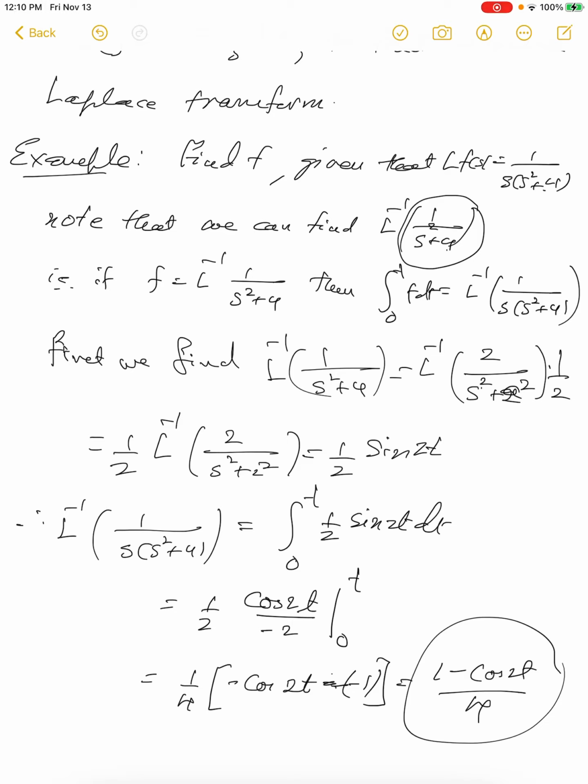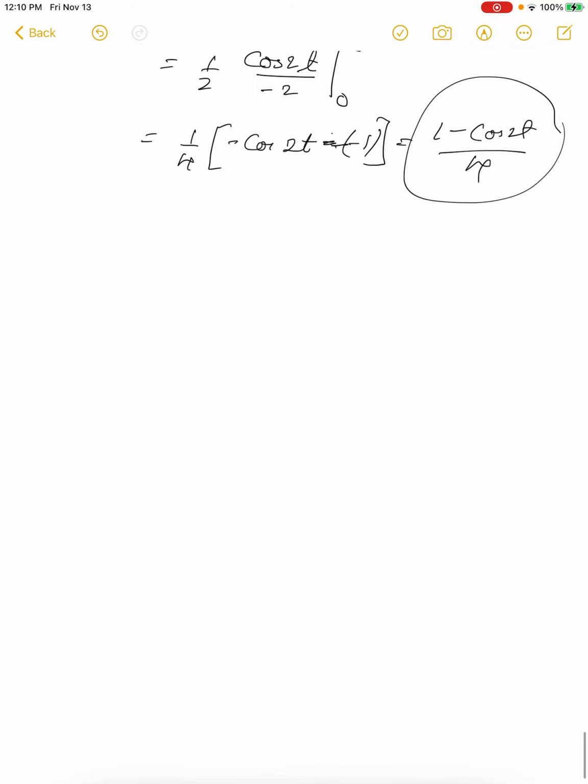So let me do maybe one more problem, and that should be the end of this. Let's do another example, something like 1 over s square times... I can make it more complicated.